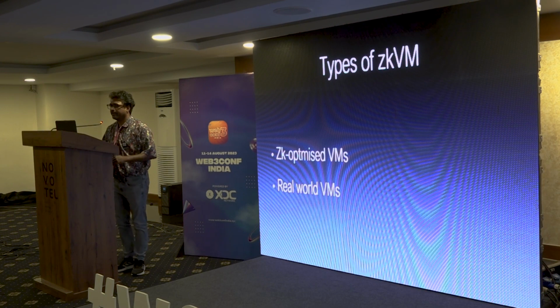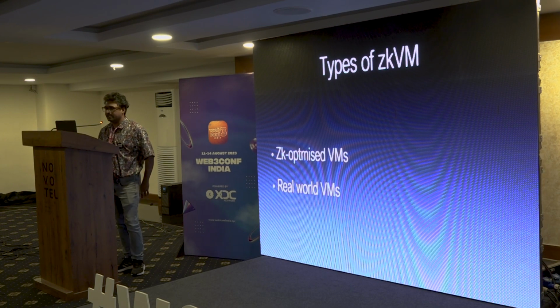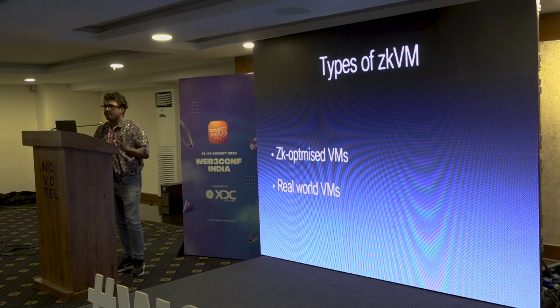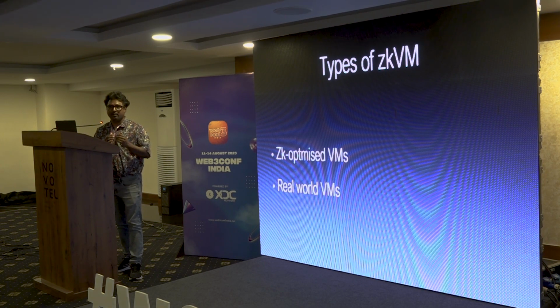Types of zkEVMs can be classified into two. One is the zk optimized VMs, and another is the real world VMs. A zk optimized VM is optimized for zero knowledge things, generating proofs and so on, because generating a proof is a costly affair, wherein a lot of computation is needed, and in turn a lot of money is spent.